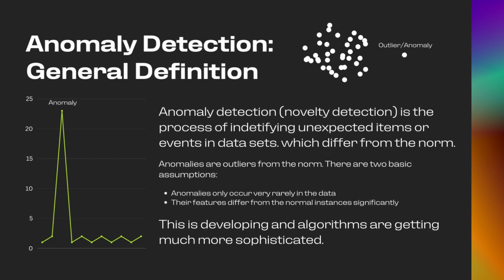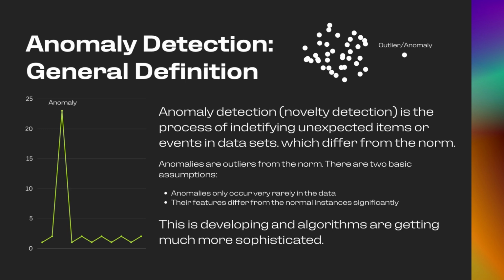Okay, so a little bit now onto the presentation that we're talking about today. This is a general definition of what we're talking about, which is anomaly detection, more specifically in this case novelty detection. It is the process of looking for and identifying unexpected defects generally, when we're talking about what we do in data sets.